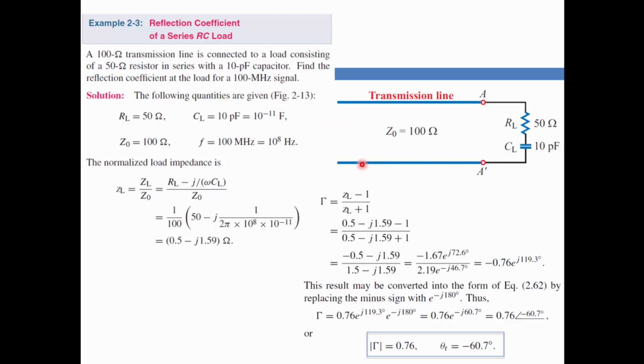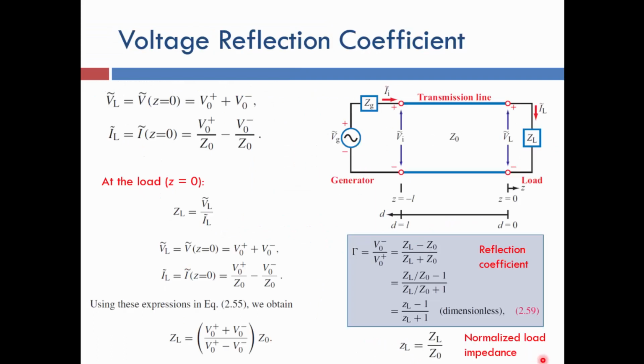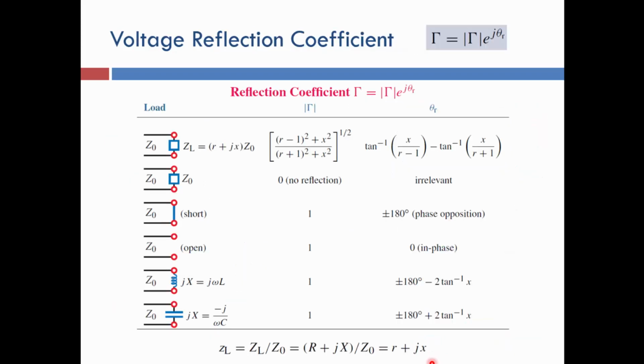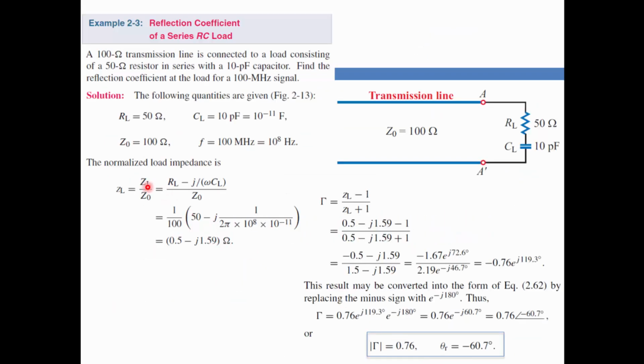Let's first, according to this relation, normalize the impedance of the load to the characteristic impedance by dividing the impedance of the load by the characteristic impedance. The normalized impedance will be equal to 0.5 minus j1.59. This is the normalized impedance, and we can apply the formula of the reflection coefficient: normalized minus 1 over normalized plus 1.